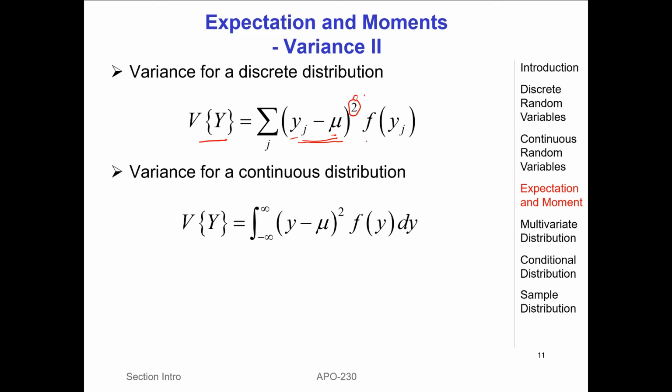You square it and then you weight it by the probability, right? So that's for the discrete case. And for the continuous case, we replace the sum by the integral operation. The thing inside stays the same, (y minus mu) squared times f of y. However, f of y now is the density function when y changes from minus infinity to plus infinity.